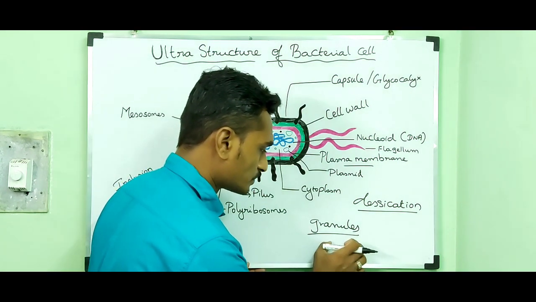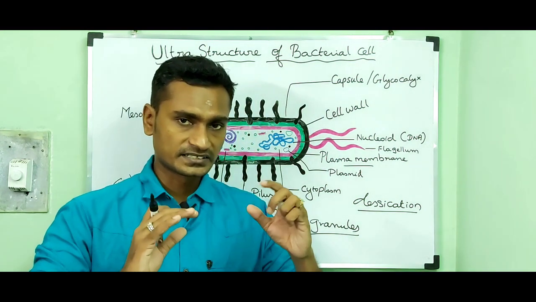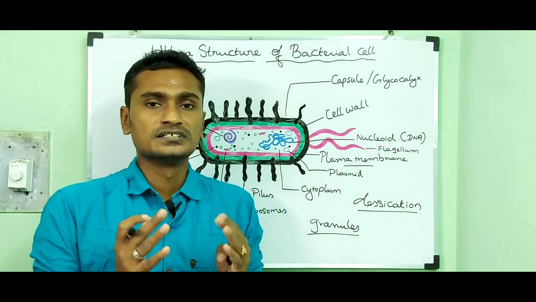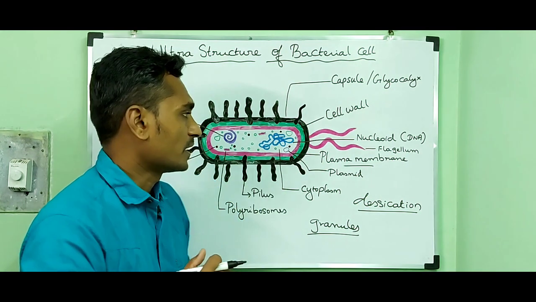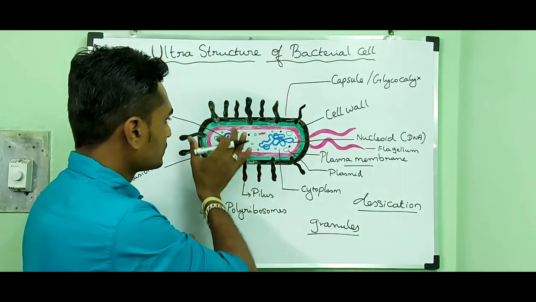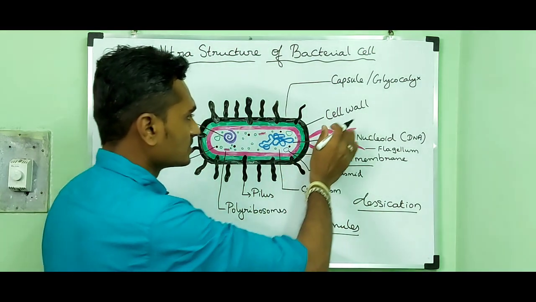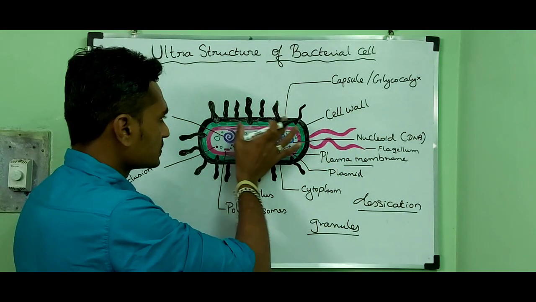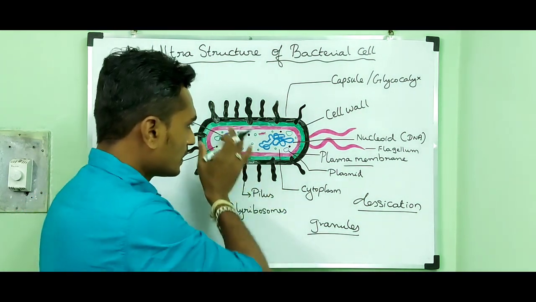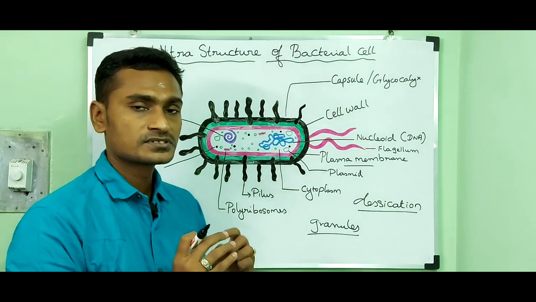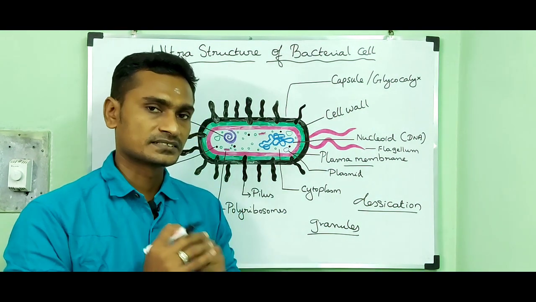So the granules present in the gram-positive bacterial cell wall give rigidity. The bacterial cell wall also provides shape to the bacteria and gives protection to the bacteria.